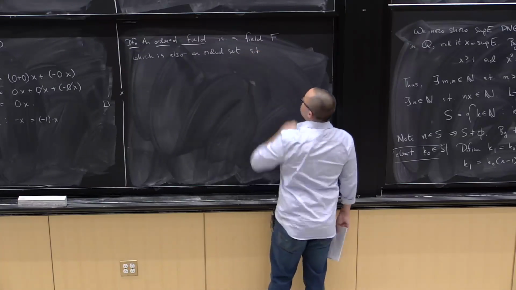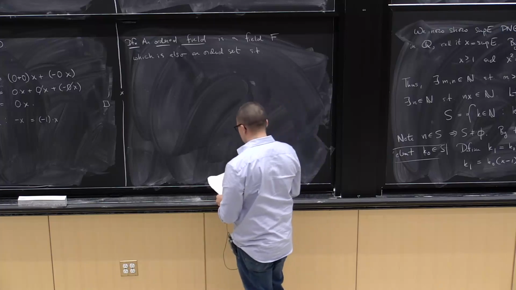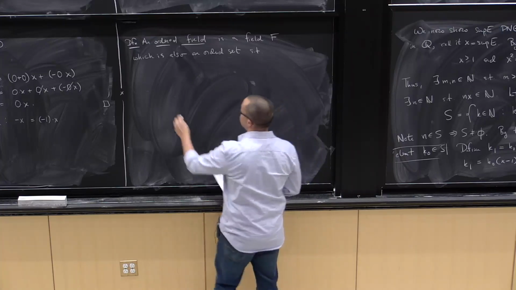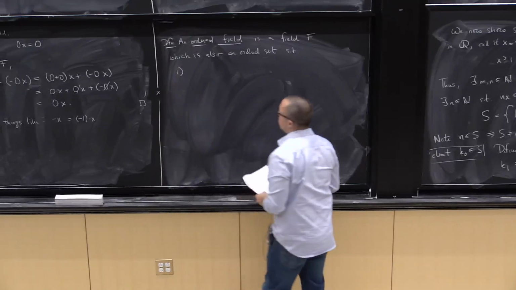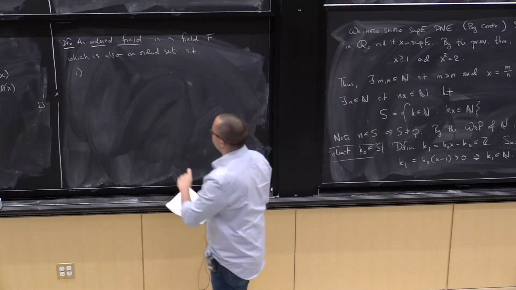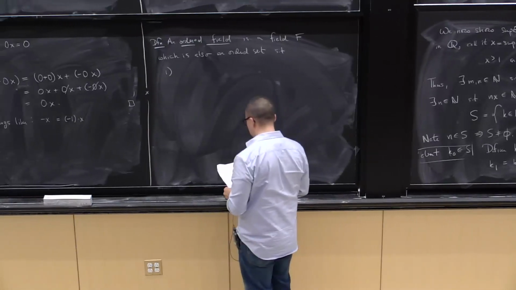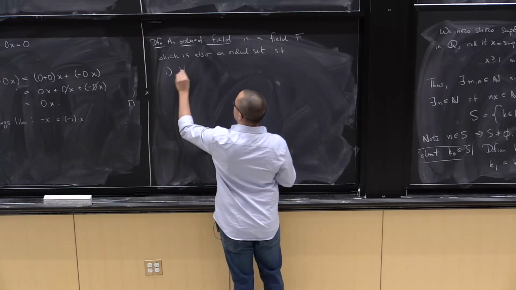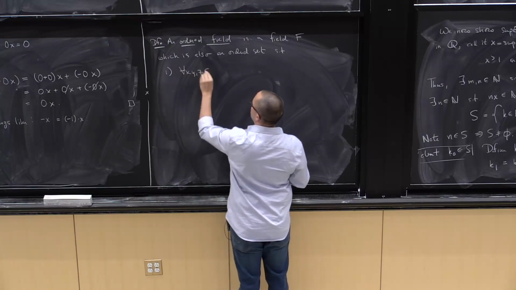So such that the algebraic structure and the order on the field are cohabitating nicely, meaning you have two conditions for all x, y, z in F.